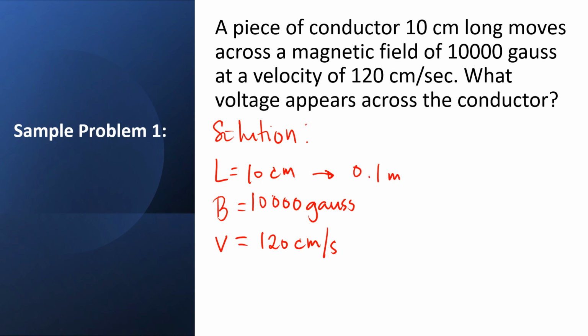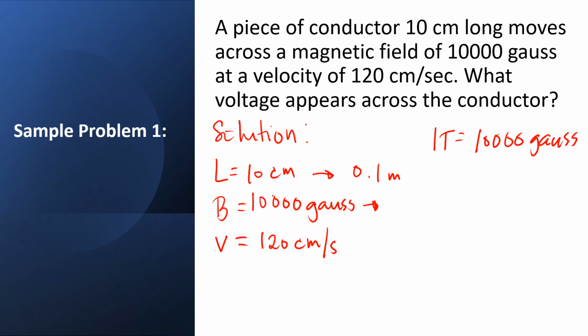For Gauss, the magnetic field should be converted into the unit of Tesla. So we have 1 Tesla is equivalent to 10,000 Gauss.